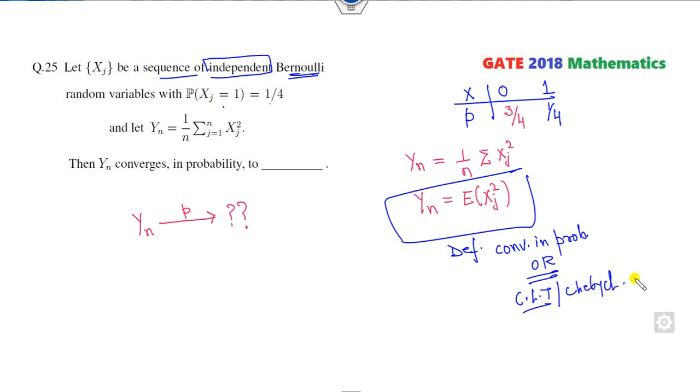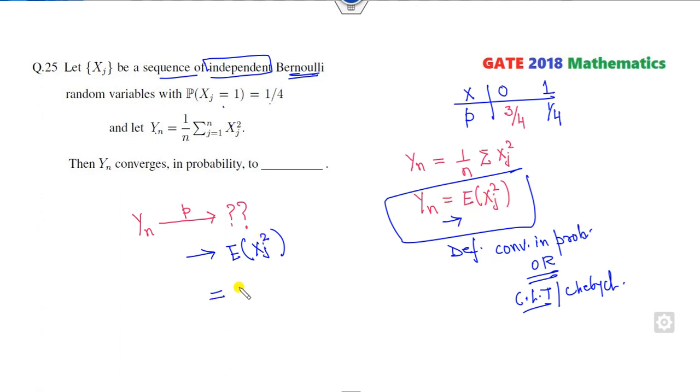Yn converges to the mean of Xj square, because Yn is the average of Xj square. So Yn converges to the expected value of Xj square.